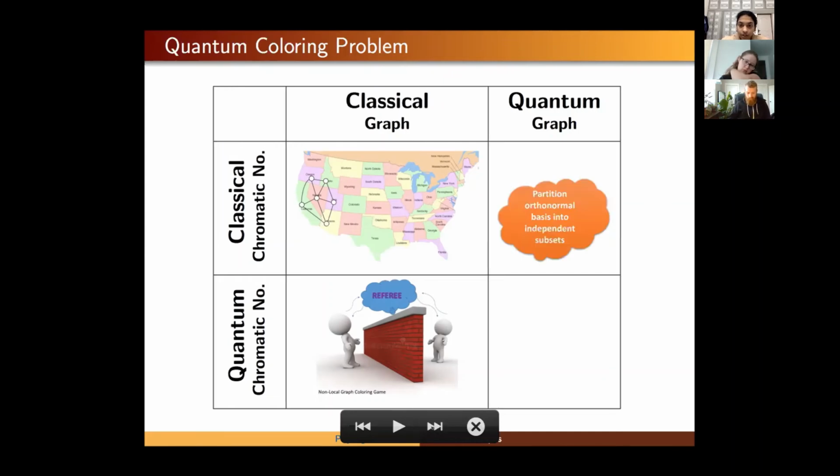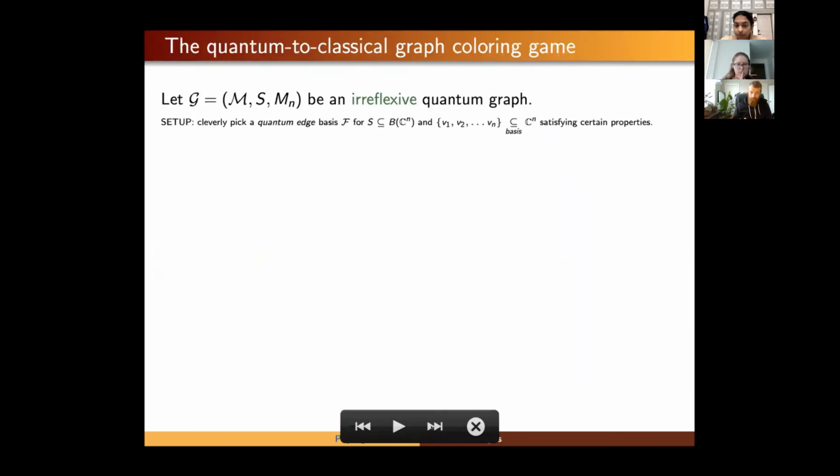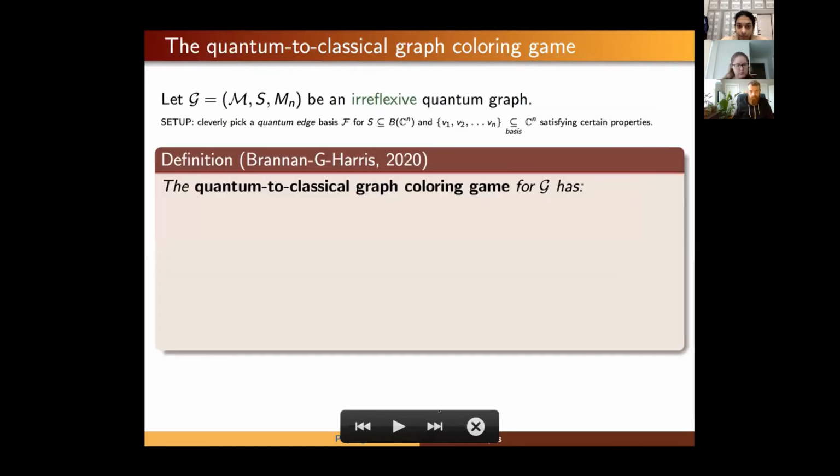You can also define a classical chromatic number for a quantum graph using a partition of the basis of the operator system. But what is not clearly known is the quantum chromatic number of a quantum graph in terms of a non-local game. So this is what I did in my joint work with Mike Brannan and Sam Harris. Here we introduced a quantum-to-classical graph coloring game.